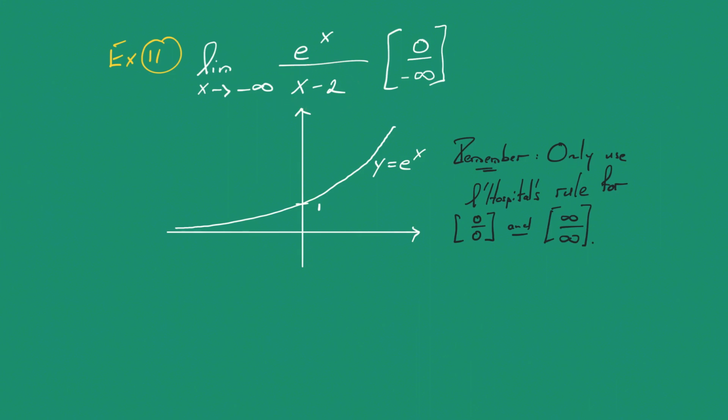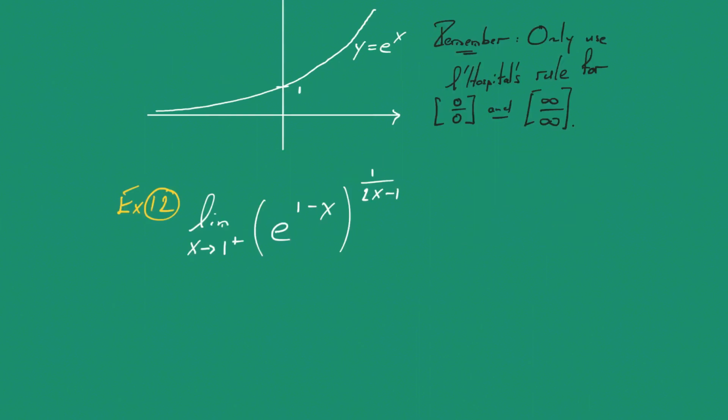If I take something very, very close to 0 and divide it by a really large negative value, I'm going to end up with a number that's even closer to 0. This limit here is equal to 0. And that's all there is to that.